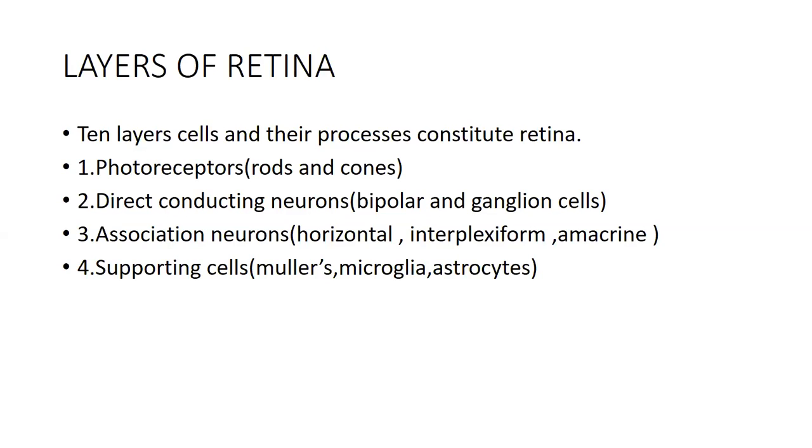Various types of neuroglia are also present because the retina is an extension of the central nervous system. These neuroglia are microglia and astrocytes. As you know, microglia are part of the mononuclear phagocytic system. Astrocytes are other cells with processes and they have many supporting roles.